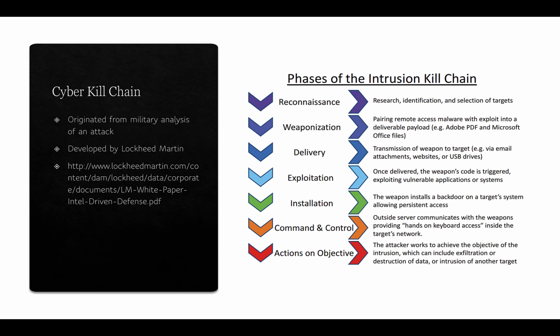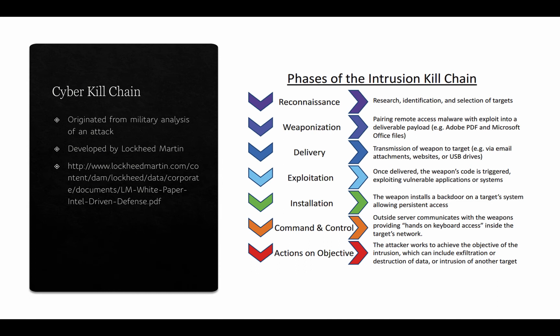Once delivered, the weapon's code is triggered and we exploit the vulnerable applications or systems. The idea there is that we then gain access to the system in whatever the intended way was, whether it's reading data out of a database or getting onto a machine and running a remote shell.